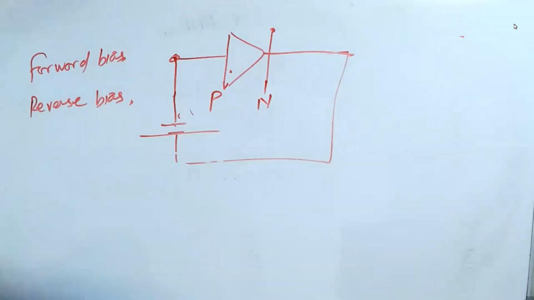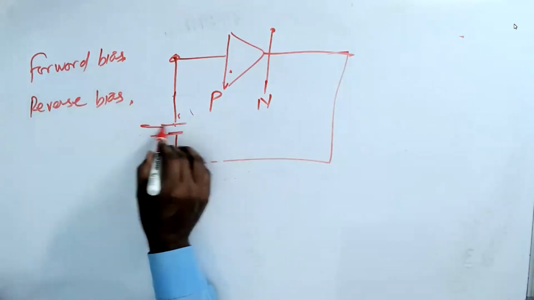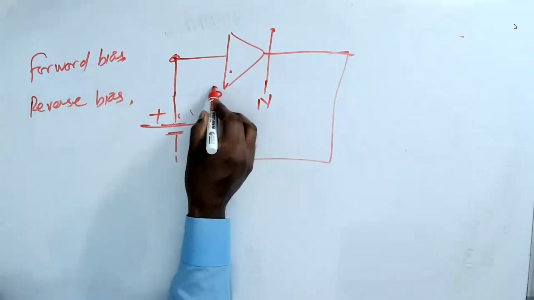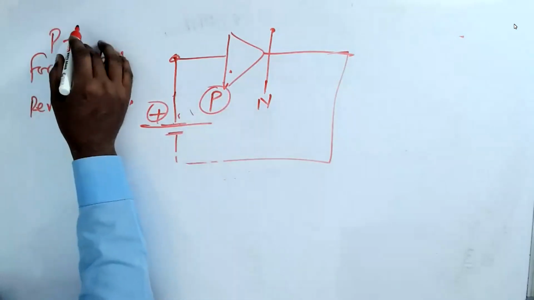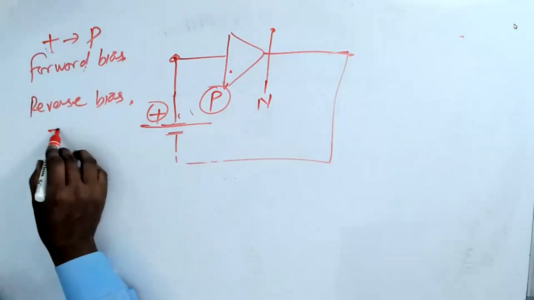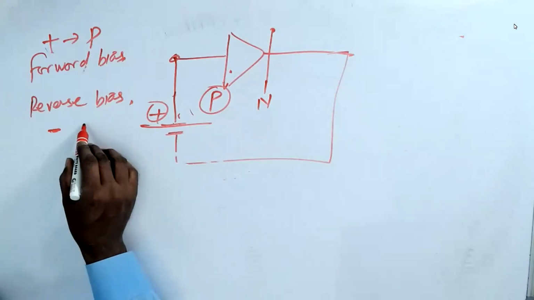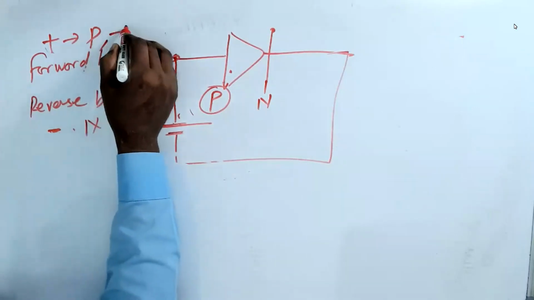So please understand forward and reverse bias. If you connect positive to P and negative to N, it's called forward bias.